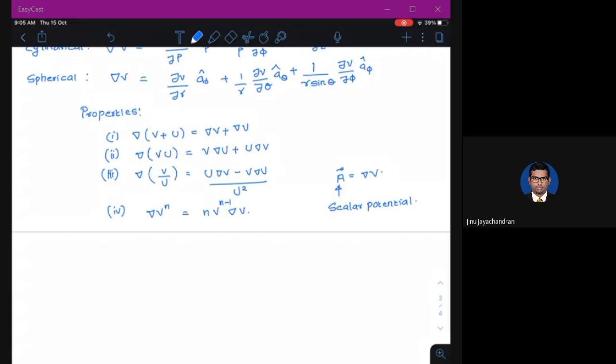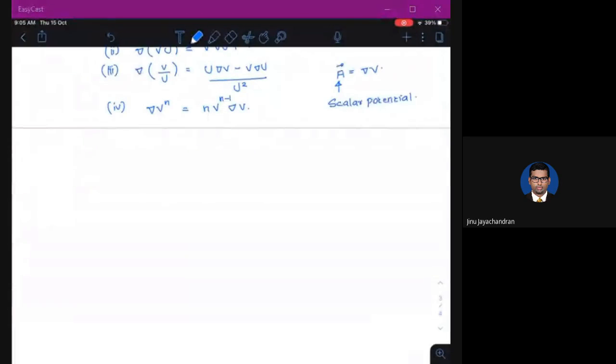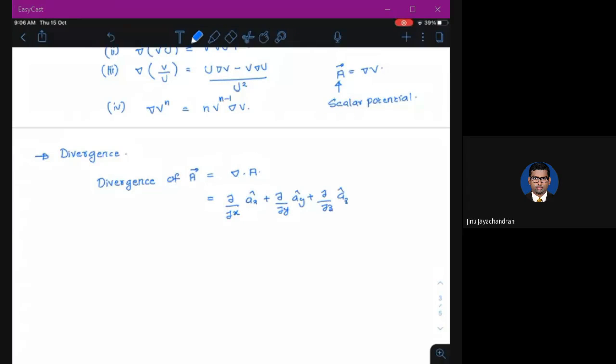Now there is a theorem on the gradient operator, or before doing that, let's define something called divergence. So divergence of vector A is equal to del dot A. Del is dou by dou x ax cap plus dou by dou y ay cap plus dou by dou z az cap.